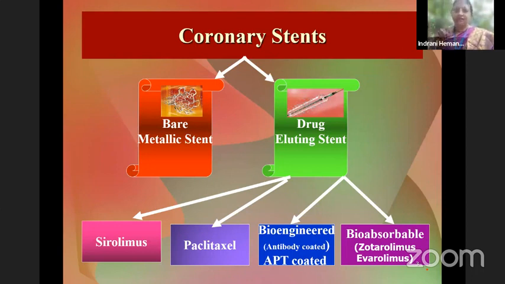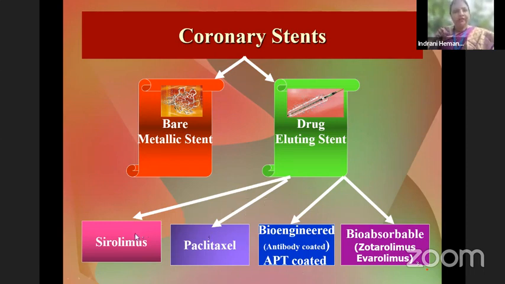So there are majorly two types of stents. One is a bare metallic stent, and the other one is a drug-eluting stent. The stent implantation causes injury to the endothelial surface, and it initiates interactions between the stent surface, blood, and the vessel wall, leading to neointimal hyperplasia and increased thrombogenicity. Various coatings are available to prevent this complication.